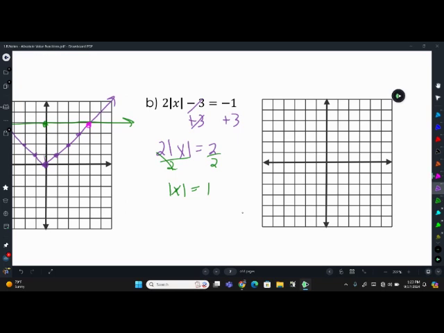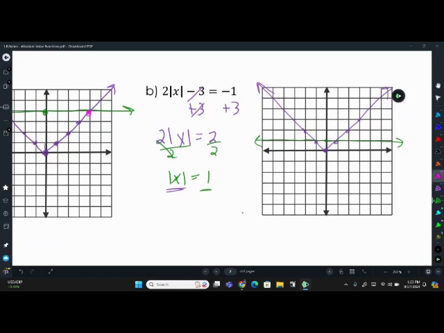The absolute value of x, vertex at 0, 0, is going to keep going this way and this way. And then y equals 1, we go to 1 on the y-axis and draw a horizontal line. So our two solutions are at x equals -1, so -1, 1, and +1, 1.